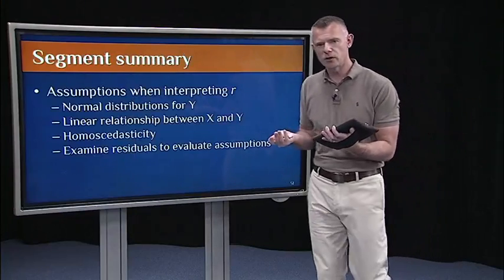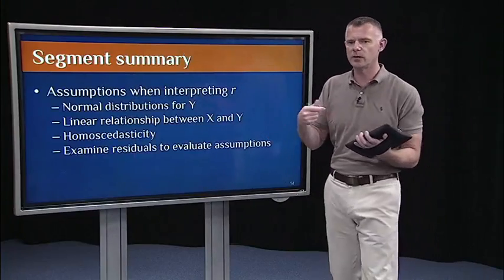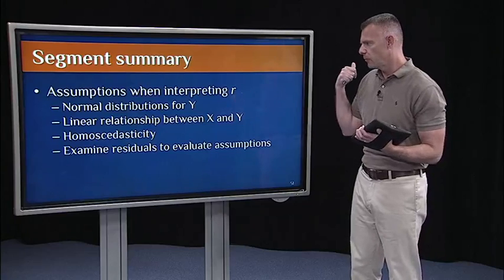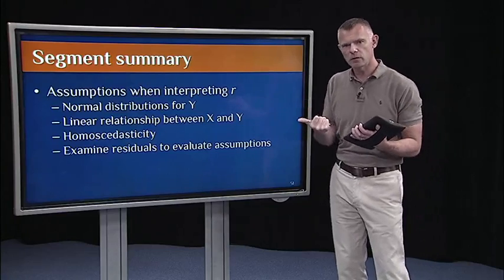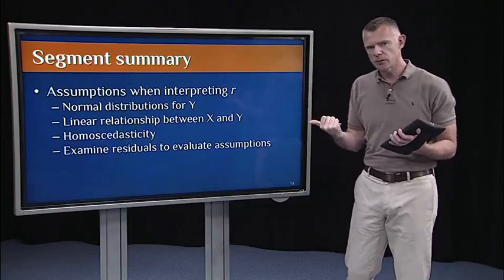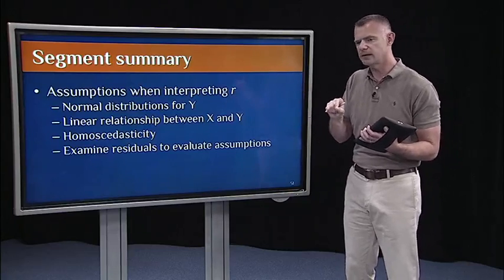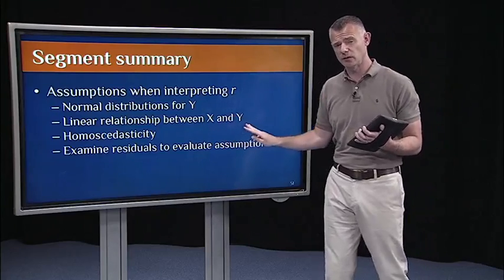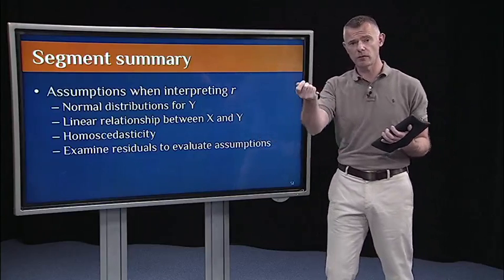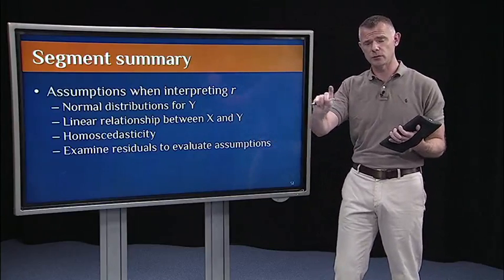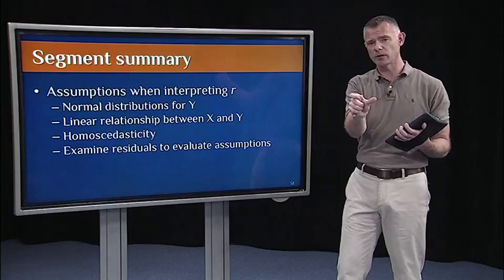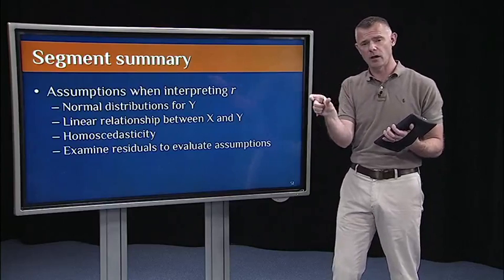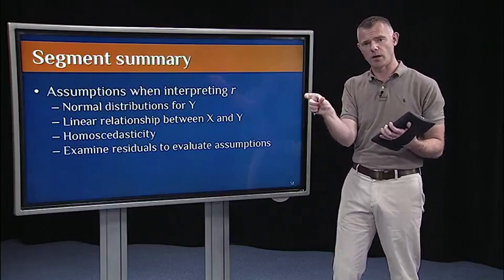So to wrap up this very short segment, again, it's pretty much a recap of the assumptions that we looked at when doing correlation analysis. Most importantly, normal distribution in y, linear relationship between x and y, homoskedasticity, and the best way, most sophisticated way to test those assumptions, see if we violated them, is to run the regression analysis, save the residuals, and then start to examine the residuals as we did here, for example, plotting them as a function of your predictors, in this case just the one x variable.